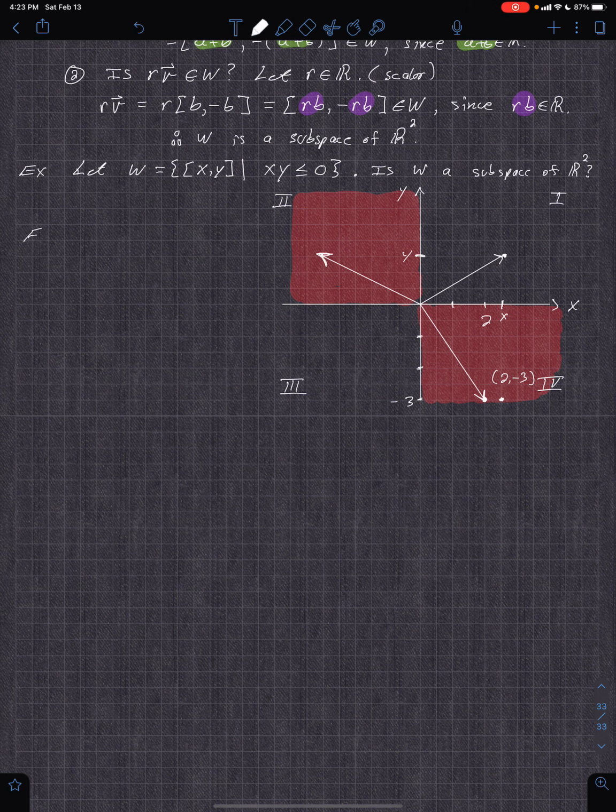What is your intuition first? Find either two vectors whose sum is not in W, or a scalar multiple not in W, where we have to, of course, start in W.